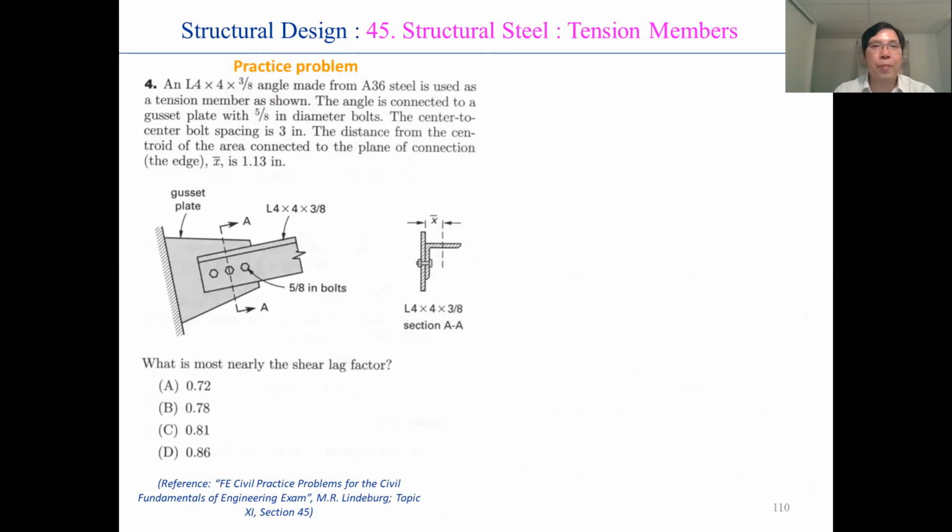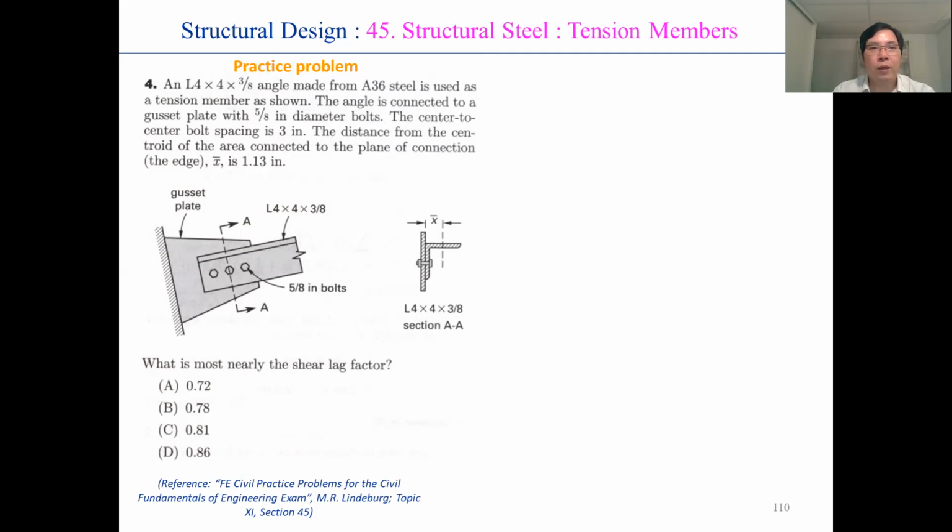And now we can pass to another practice problem. An L4 times 4 times 3/8 angle made from A36 steel is used as a tension member and is shown in this figure. The angle is connected to a gusset plate with 5/8 in diameter bolts.